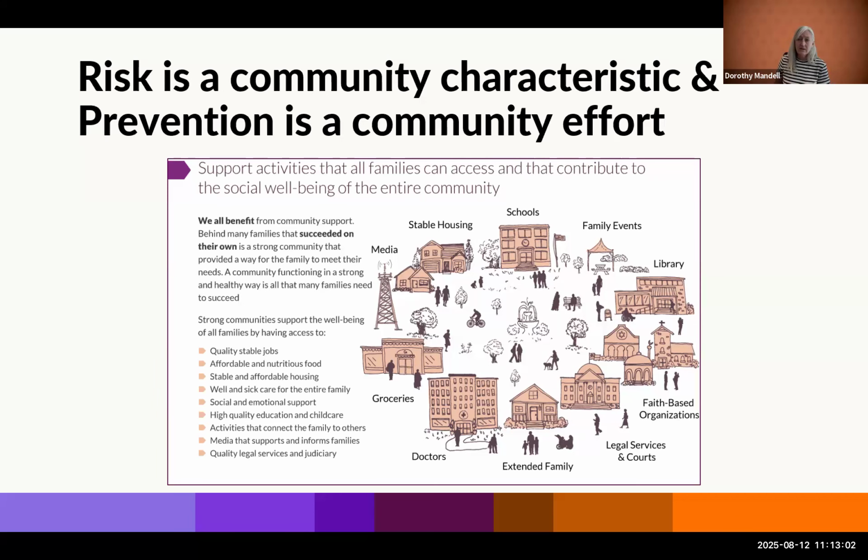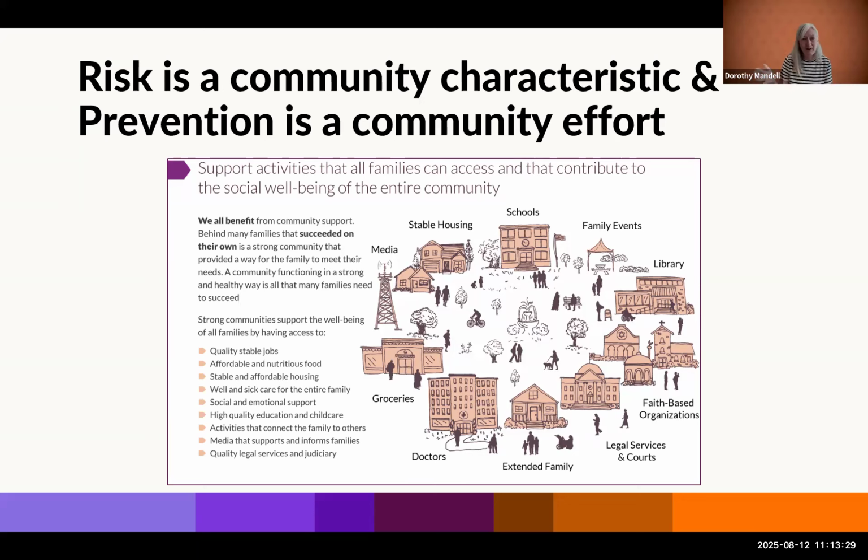So the other thing that we wanted to do is actually back off of individual characteristics and focus on community characteristics. And a lot of you do home visiting. Many of you are MIECHV funded home visiting programs. And because of that, you have a requirement to be a part of a community coalition, an early childhood coalition. And many of you have very strong community coalitions.